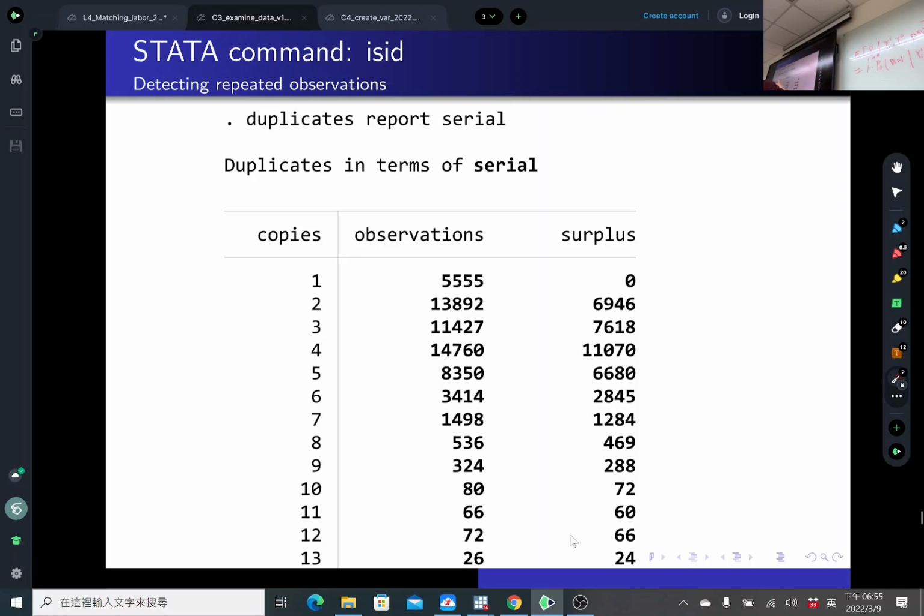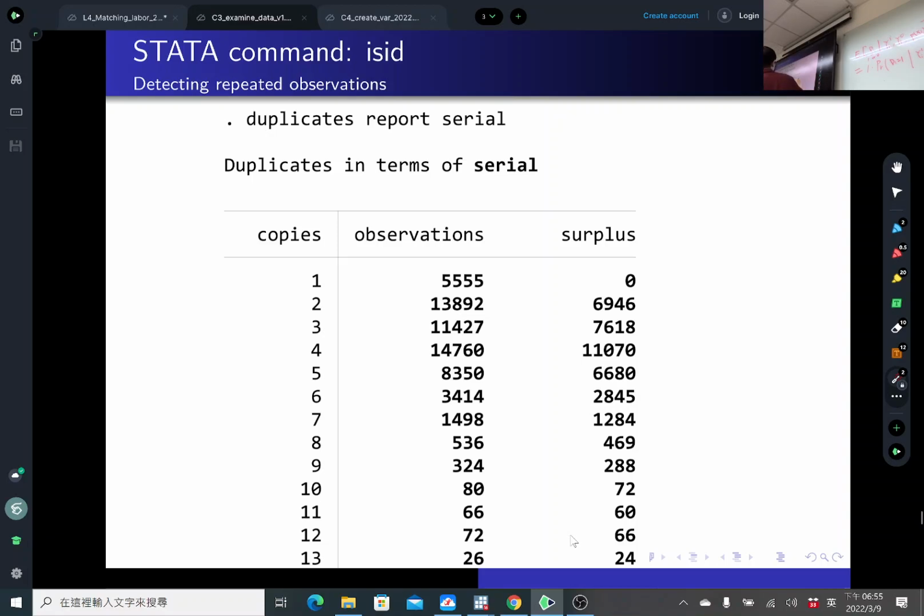So around 5,000 observations have a unique household ID, so there's no surplus, 0. And around 13,000 observations have 2 copies. That means two observations share the same household ID.